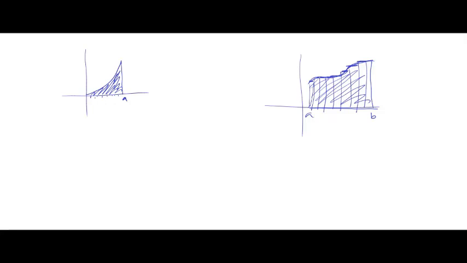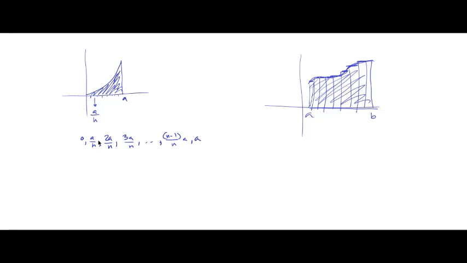And so each one of them has width of a divided by n. The points that divide the interval are 0, a/n, then you have 2a/n, 3a/n, and so on, until you get (n-1)/n times a, and a, right?